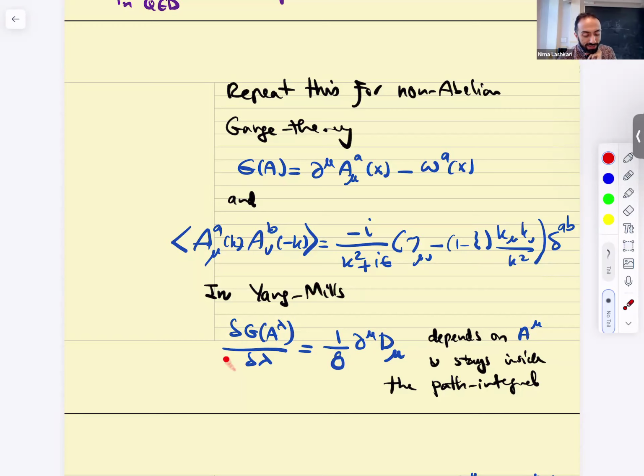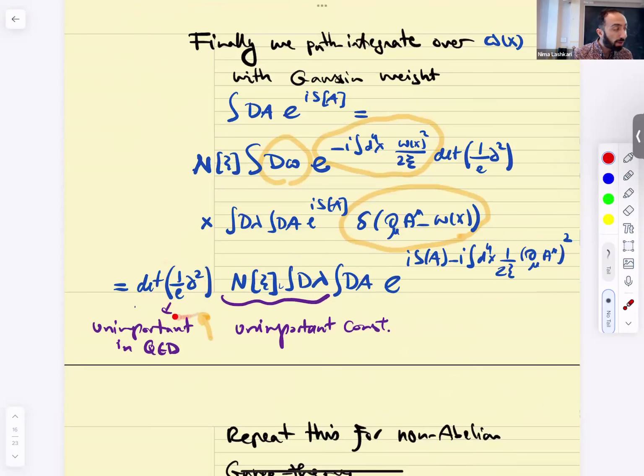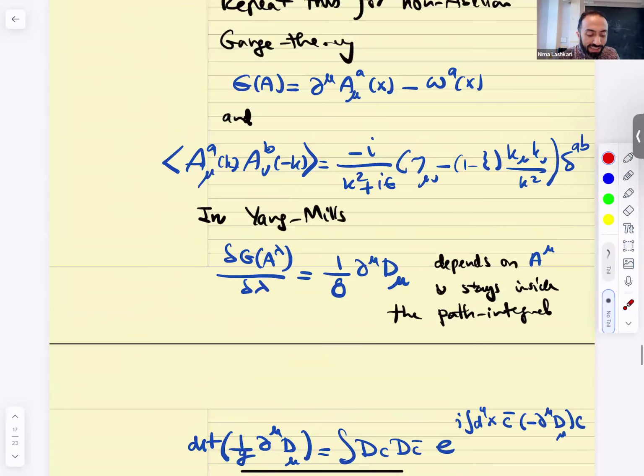In Yang-Mills, now I want to find this annoying determinant thing. When I calculate it, I'll get 1/g del mu of D mu, the covariant derivative. Now this guy depends on the gauge field, and I cannot bring it outside of the path integral.